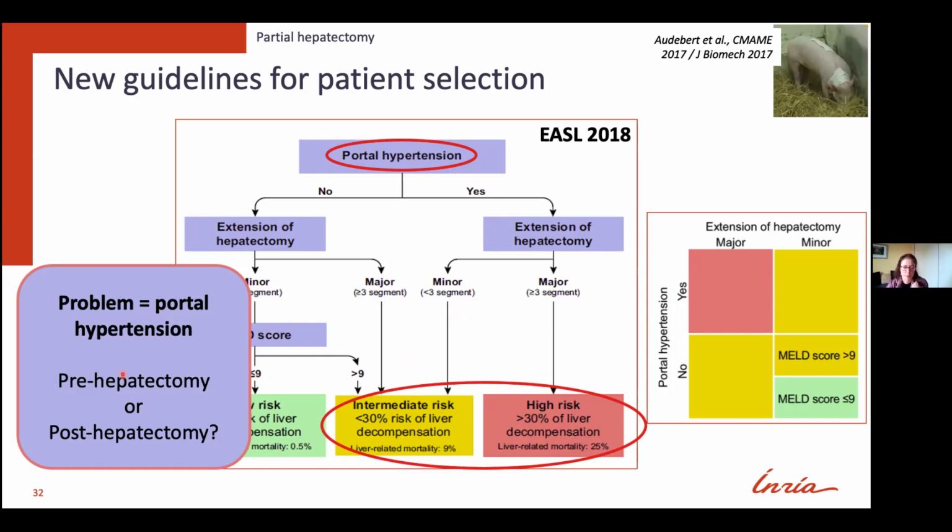The problem is that it's not so much the pre-surgery pressure, but the pressure at the end of the surgery. So the pressure increase is due to the surgery itself on top of a diseased liver. And to predict this, surgeons don't have any tools.